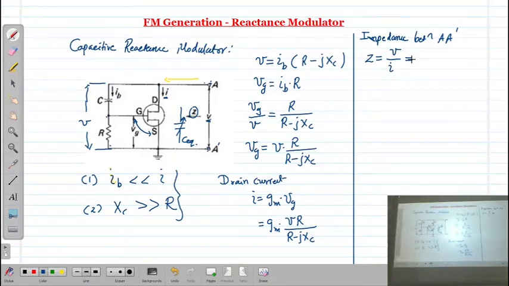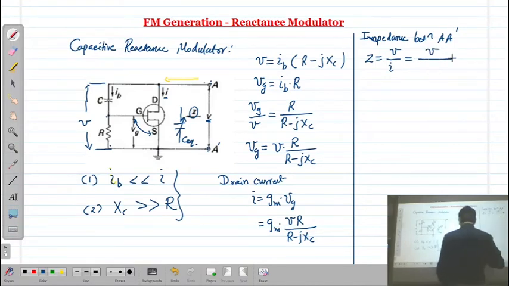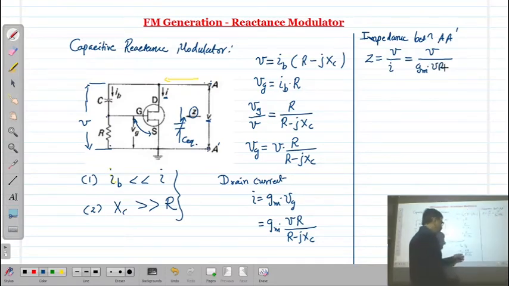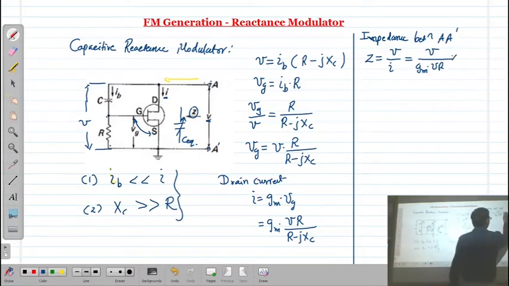I is Gm V R divided by R minus jXC. So Z is V divided by that, and here the V will be cancelled.